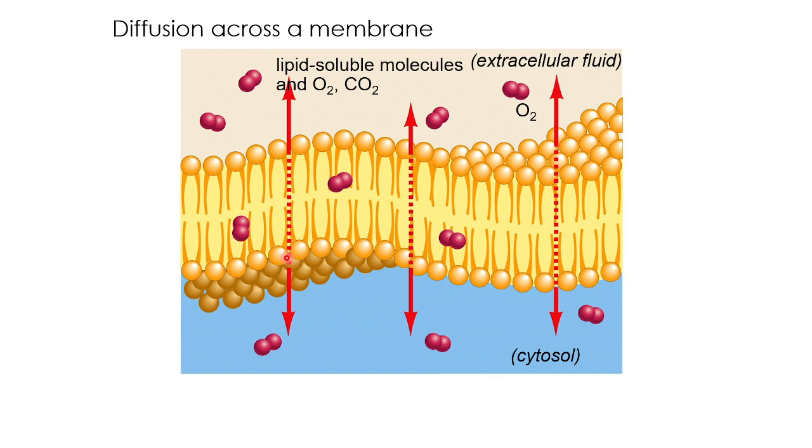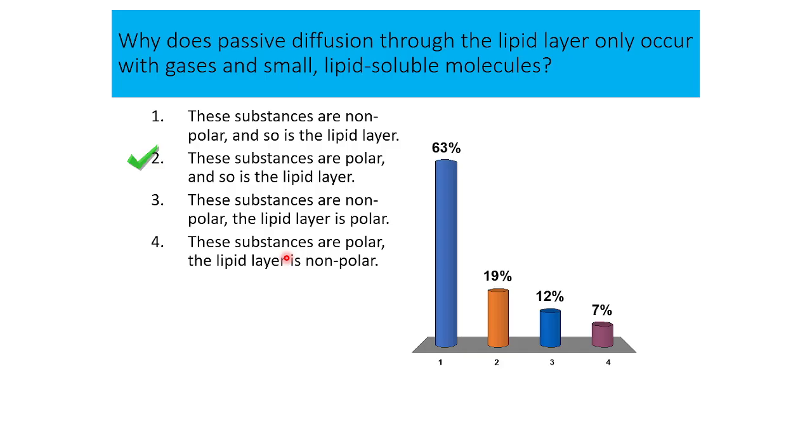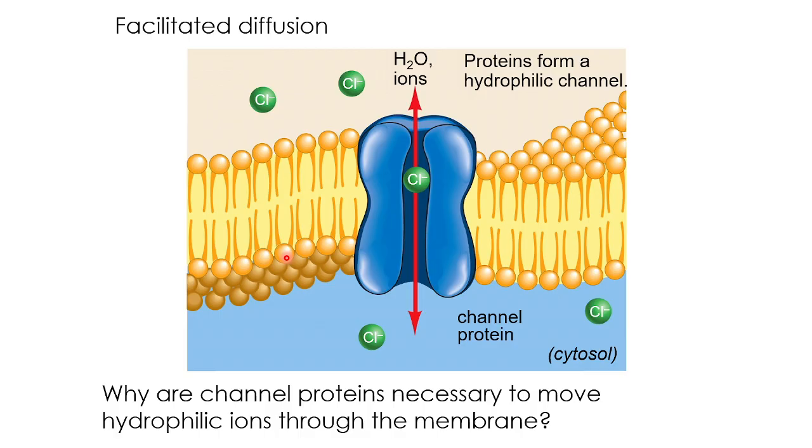So there is a sodium potassium balance within the cell, and that is maintained through diffusion. Why does passive diffusion through the lipid layer only occur with gases and small lipid molecules? Basically, these substances are non-polar, and so is the lipid layer.